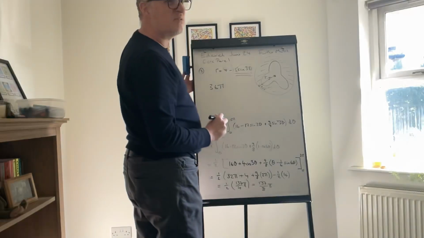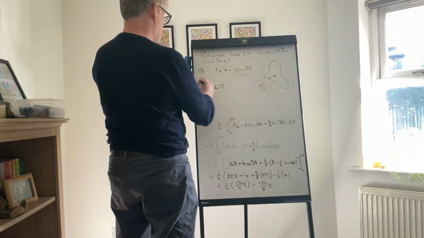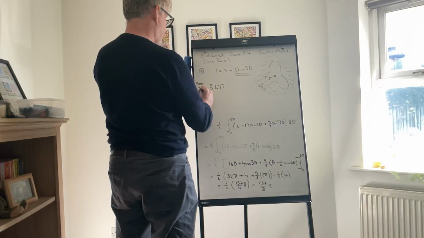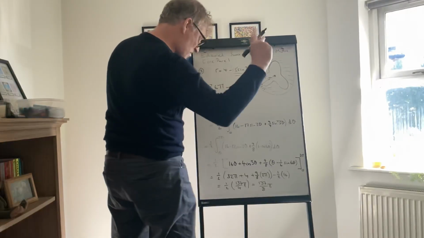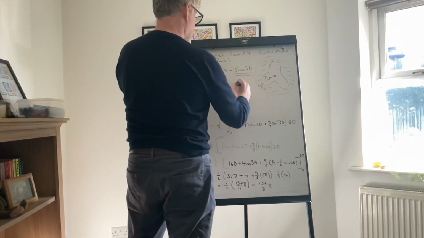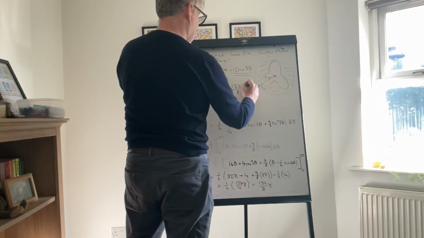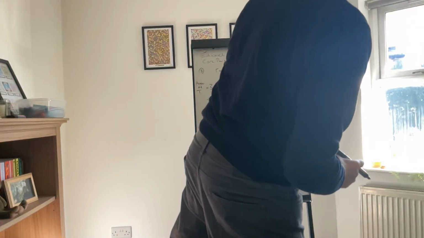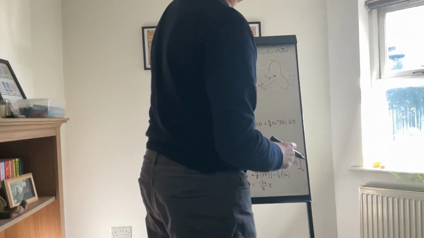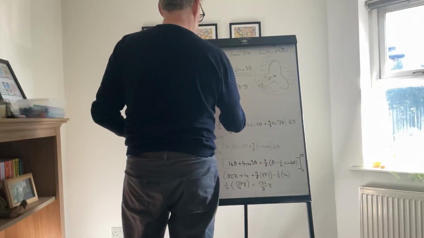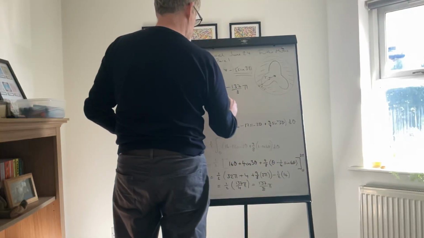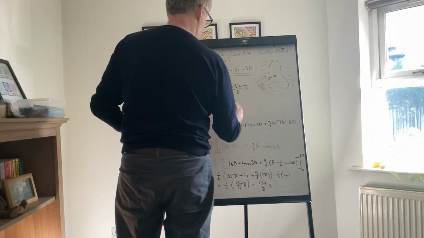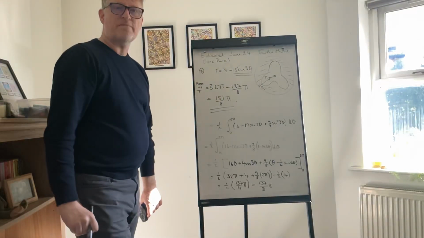So this is what they call in this area, T. Area of T is 36 pi minus 137 over 8 pi. Is that right? Yep. And that gives us 151 over 8 pi. I didn't do that very quickly in my head, I just saw the answer. And there we go, all done.